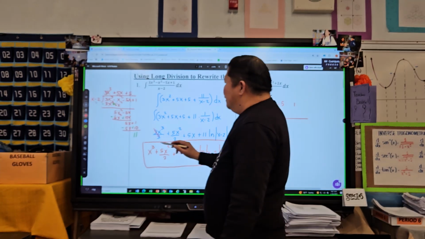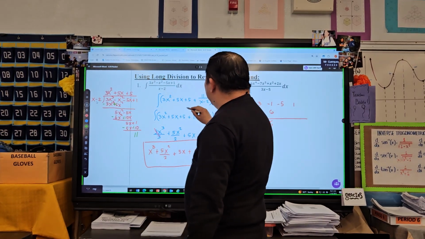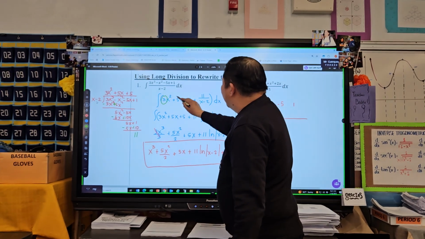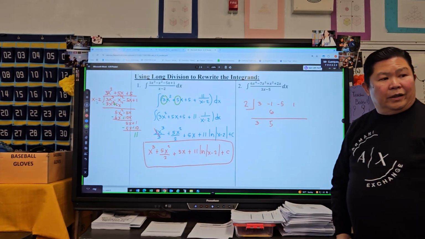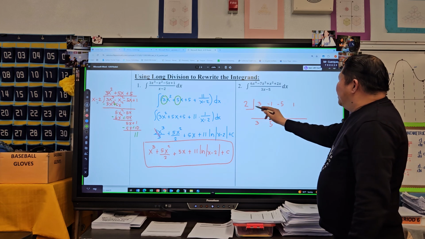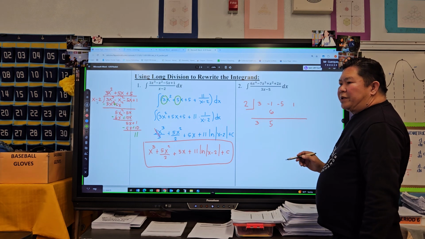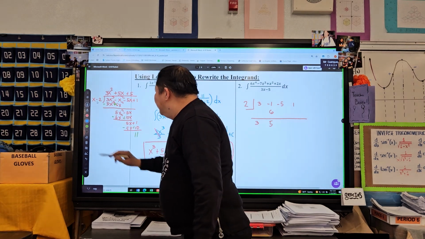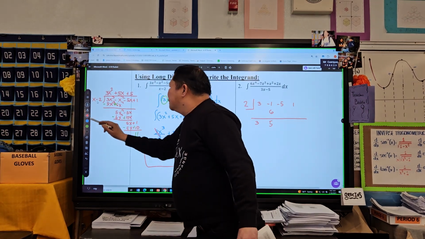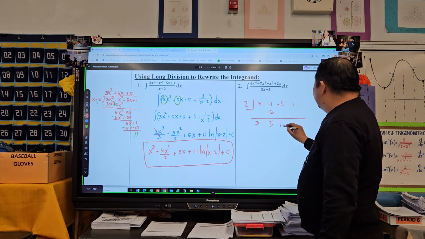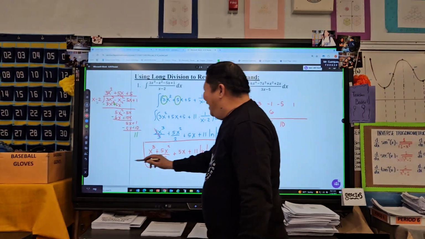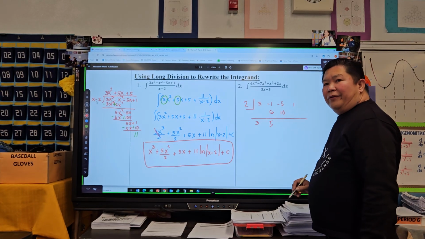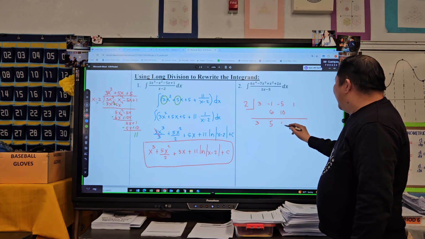Now you notice what appears right here is 3, and next to appear is 5. Okay? Next, what do we do? Multiply 2 times 5, which is 10, right? So negative 5 plus 10 is 5.